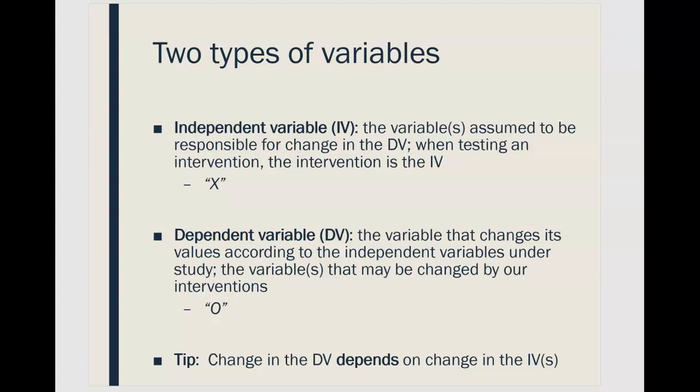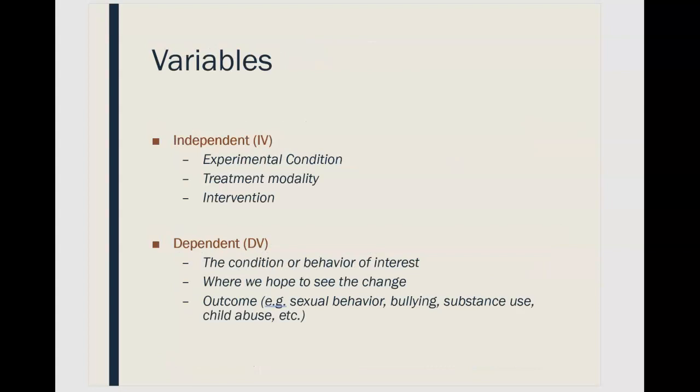So the change in the DV, dependent variable, depends on the independent variable. And maybe that's another way to help you think through. Again, it's that experimental condition that we're thinking about with the independent variable, the treatment modality, that intervention.